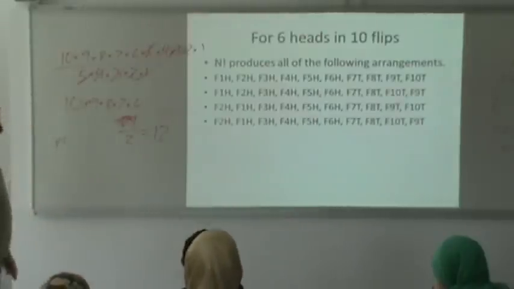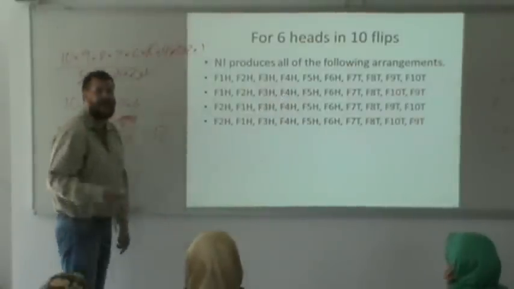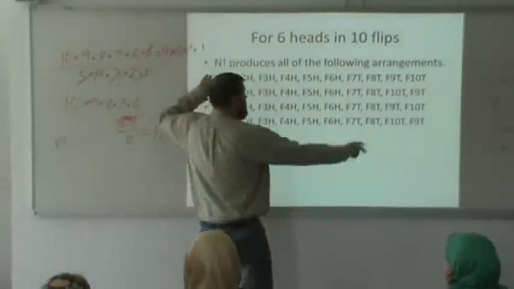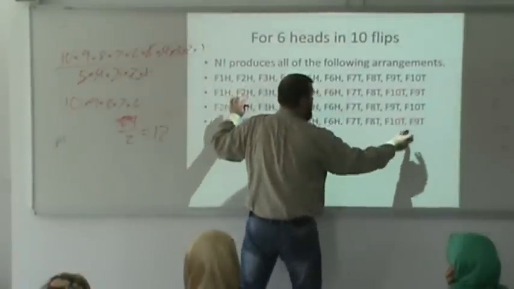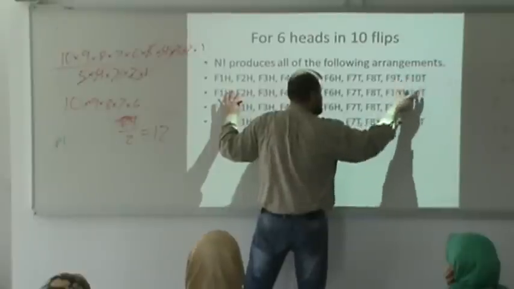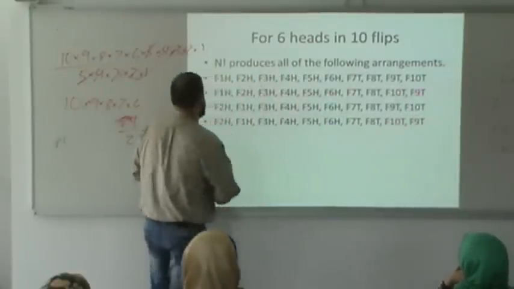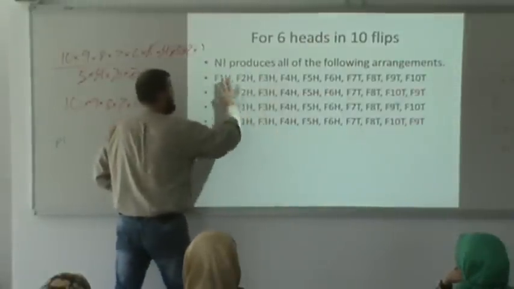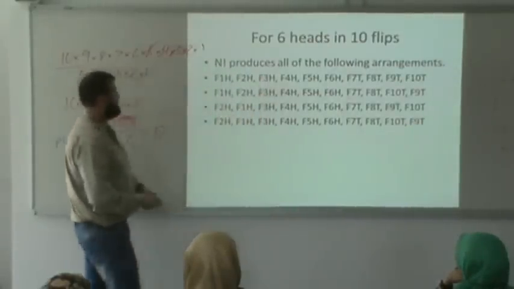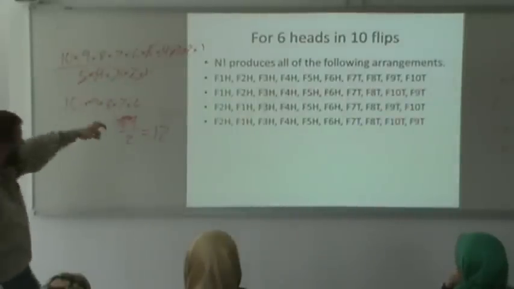So a synthesized example of 10 flips. So n would produce all of the following arrangements and lots more. The things in red are the differences. So these 2 are the same except for these 2. These 2 are the same except for these 2. The first parts are the same for these 4 except for those 2, which are the same. So n factorial is going to produce all of those.